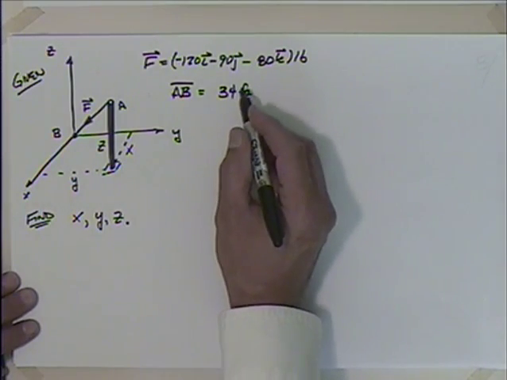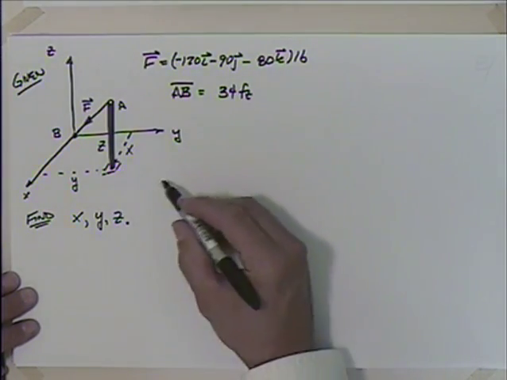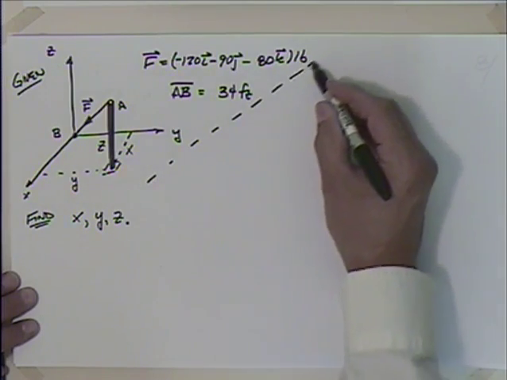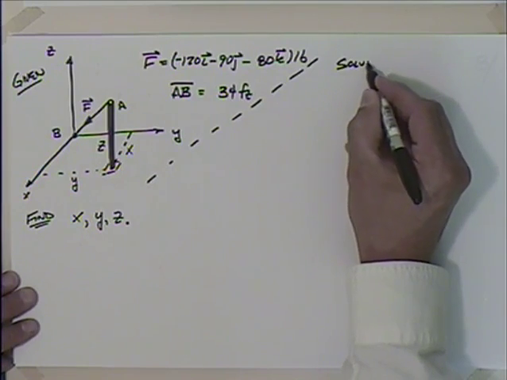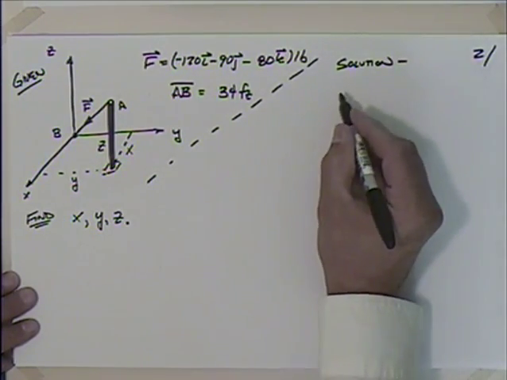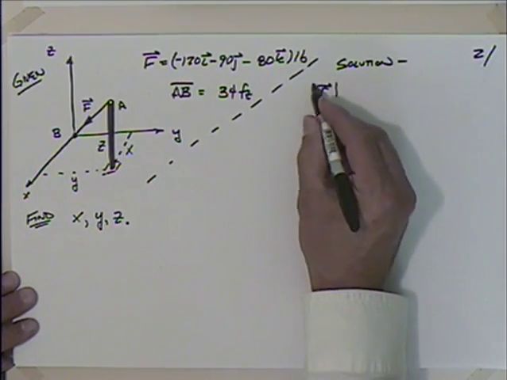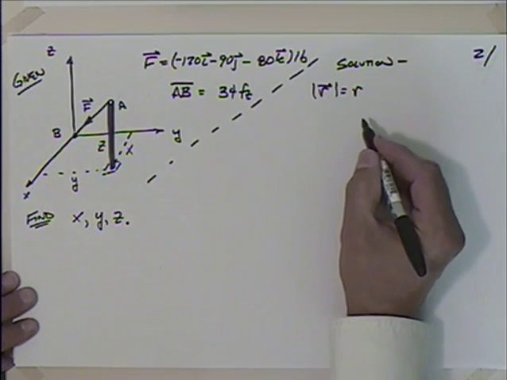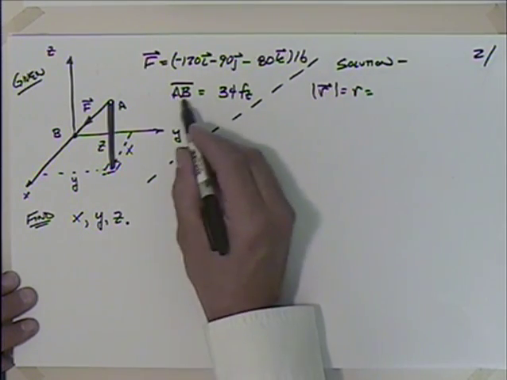Well, given this information, let me clearly indicate this is given. So if I work on the solution of this, I think this is page 2. In the solution, we recognize that the magnitude of R, which we could really just write as R, is equal to this distance AB.